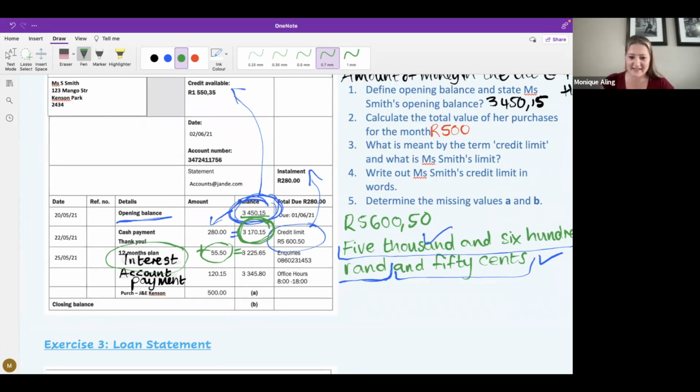So it's increased slightly. And then normally with accounts, they also charge you a fee just to have the account, which is the account payment or account fee. So she has to pay 120 Rand and 15 cents just to have this account. So can you see how now her new balance has gone up yet again because of paying interest and account fees?